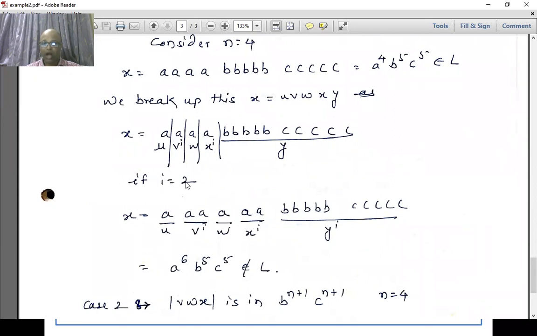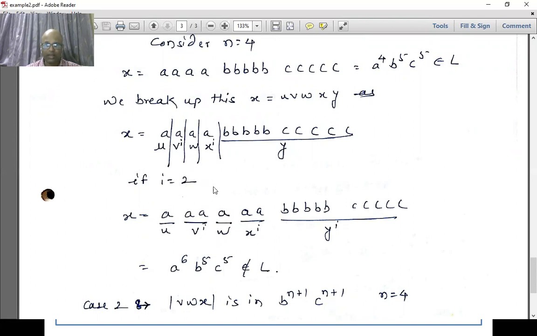So value of i equal to 2, considering pumping up this pattern A. Now after pumping up twice, the substring V and X, what resultant string do you get? So this U, you will get as it is. See, this V part has to be taken twice, as we pumped up twice.